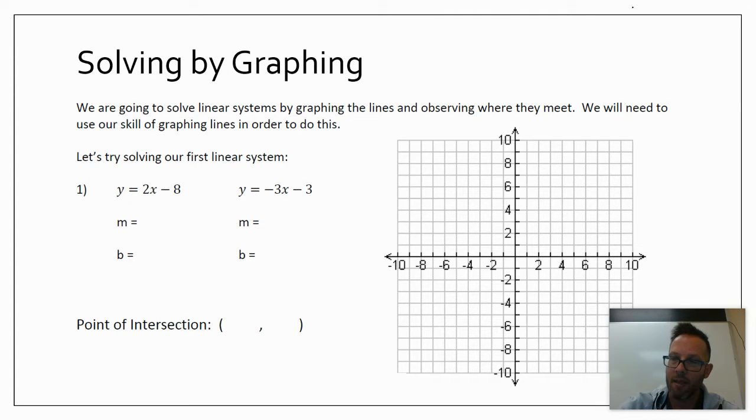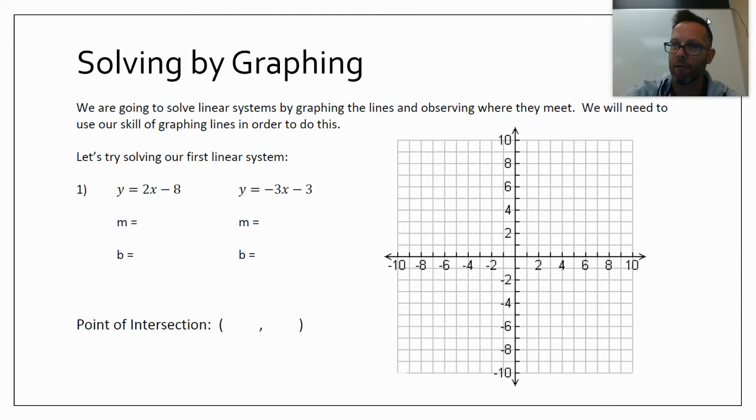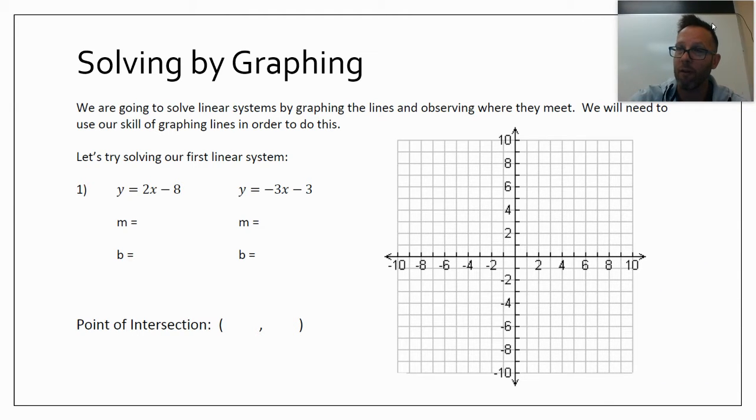So a good starting point, using the skills we currently have, is this: if you have the equation of two lines, we know how to graph. Why don't we graph the two lines and see where they meet? This is a legitimate way to solve a linear system.